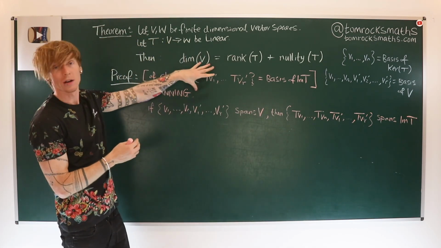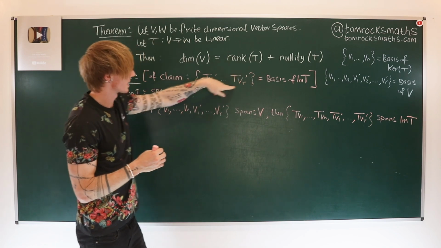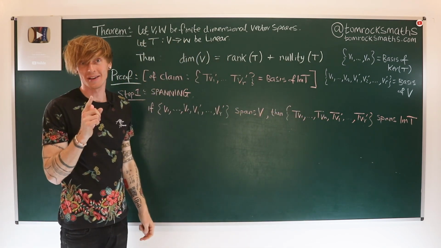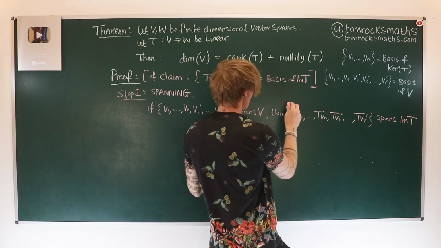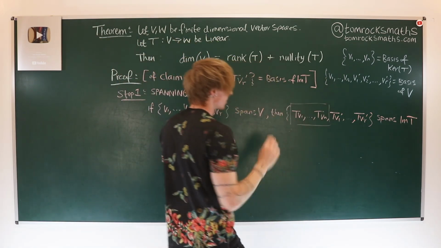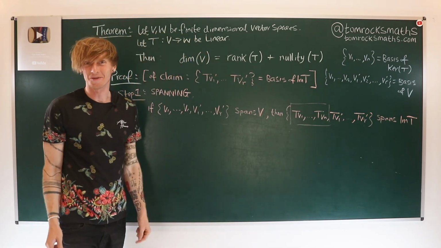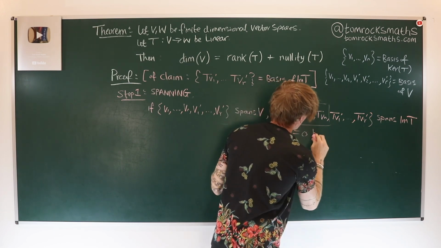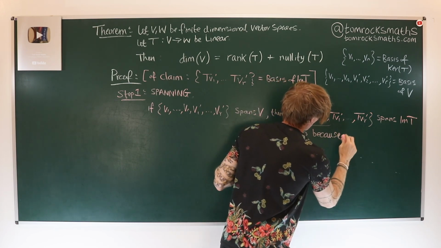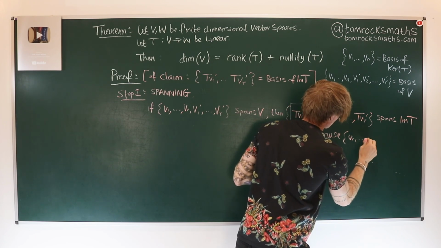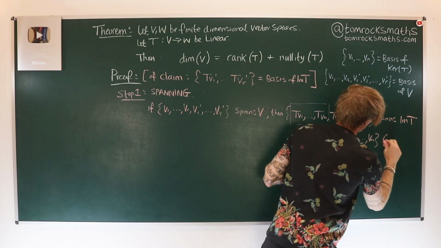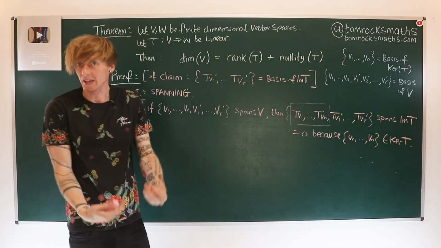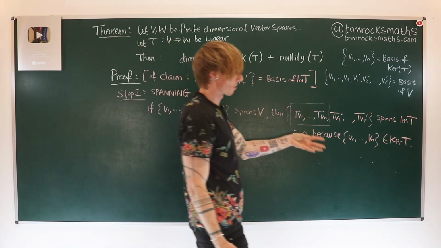Now, our claim of this as our basis doesn't contain all of these vectors. However, the first few in this box are all equal to 0, because v1 up to vn belong to the kernel of T. They're actually the basis of the kernel of T. What does it mean to belong to the kernel?